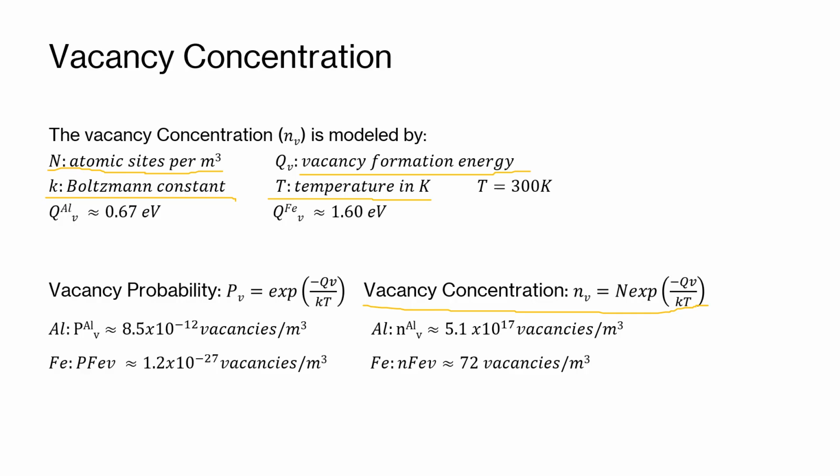When we look at our formula, we see that vacancy concentration relies heavily on temperature and the formation energy, meaning that the higher the temperature, the more vacancies you'll have.